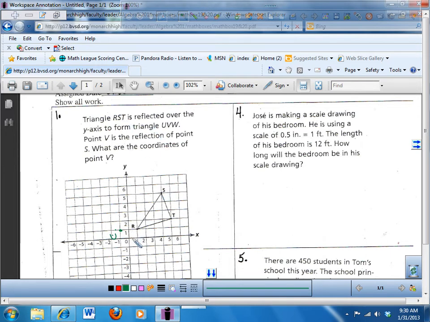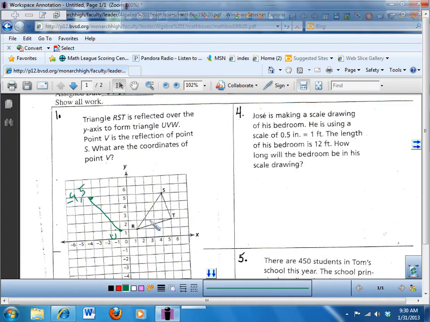Since point S is over 4 and up, is that 5? 1, 2, 3, 4, 5. And point B is going to be back 4 and up 5. So what are the coordinates of that point right there? Yep, it's just -4, 5.